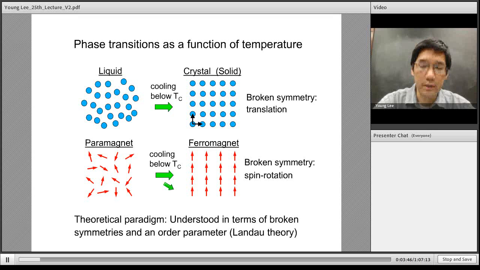So there's a particular direction in spin space which the moments want to be polarized along. So this brings in the idea of having broken symmetries and having an order parameter that describes the phase that you're entering. And the general paradigm is sometimes called Landau theory.